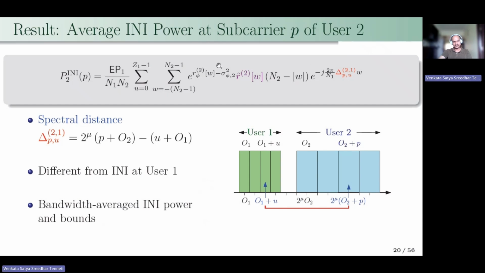So it does not depend on the power delay profile, because this is the normalized temporal autocorrelation. Now, on the lines of ICI, we have also derived the bandwidth average INI power and the bounds for it, and we have also established the quadratic dependence on the system parameters. I'm skipping the details here.